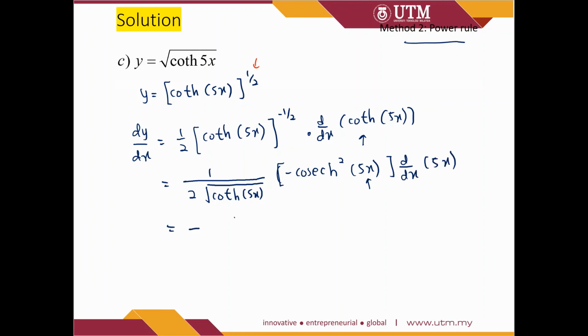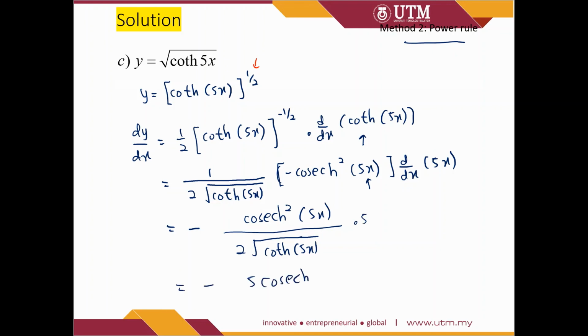It will be negative 1 over csch squared 5x over 2, times the derivative of 5x, which is times 5. So this will be the answer for this question.